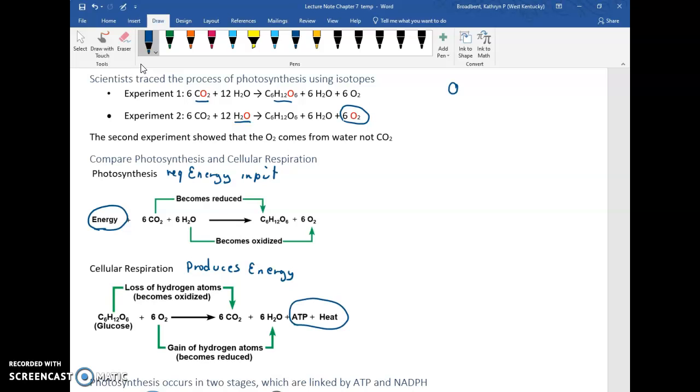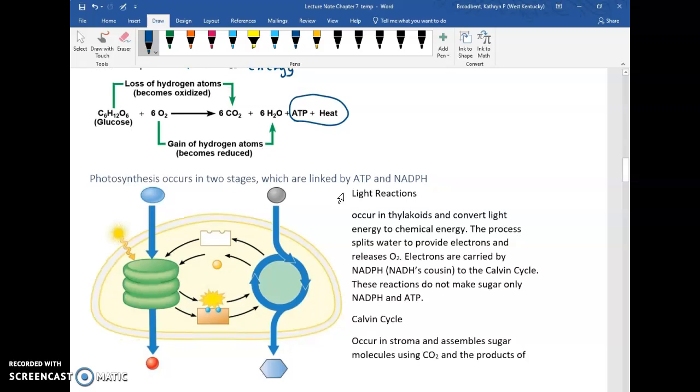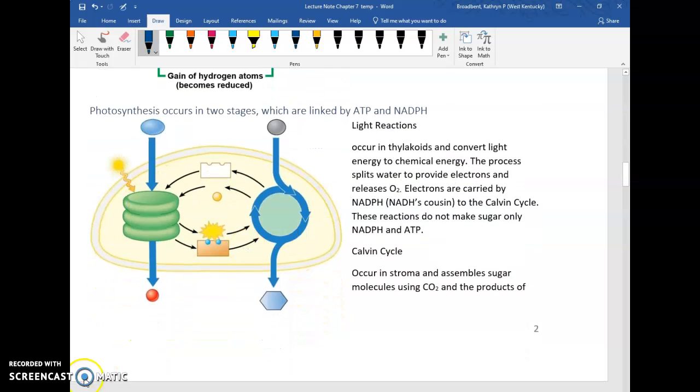Now we're going to find that photosynthesis occurs in 2 stages, and the 2 stages are linked by ATP and NADPH. So the first stage is called the light reactions, and it's on the left side of the diagram here. First, we're inside the chloroplast, this thing that goes all the way around.